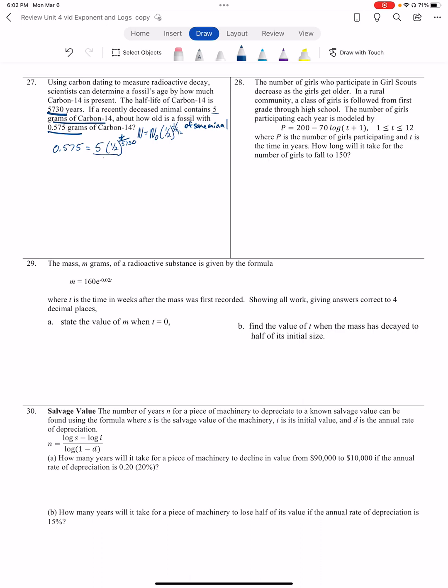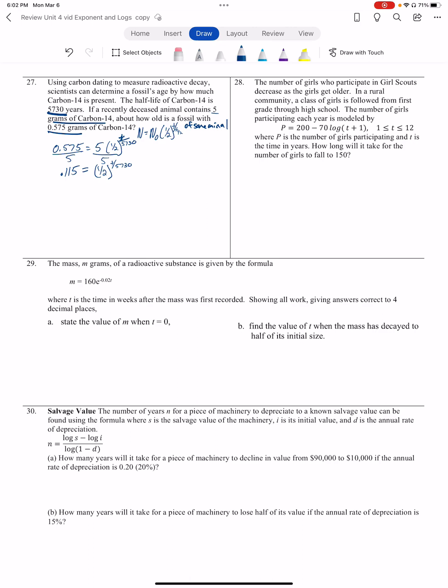First thing we do is divide, and we can leave that if it doesn't come out to be nice, but if I divide, 0.115 is equal to 1/2 to the t over 5730.